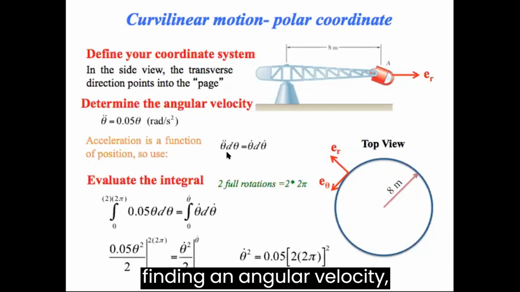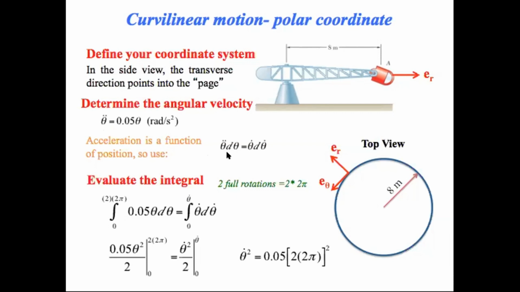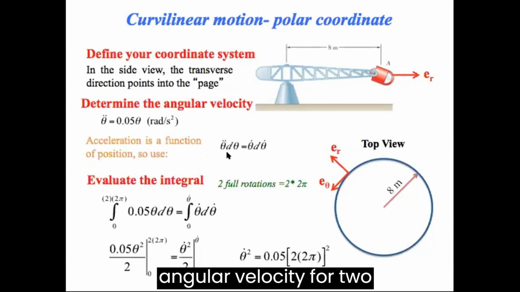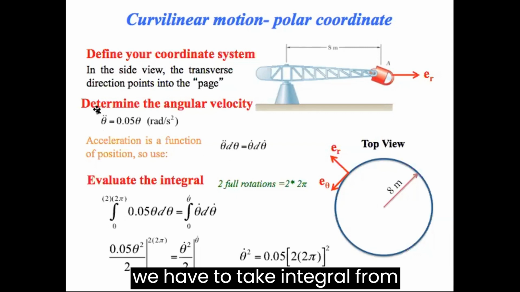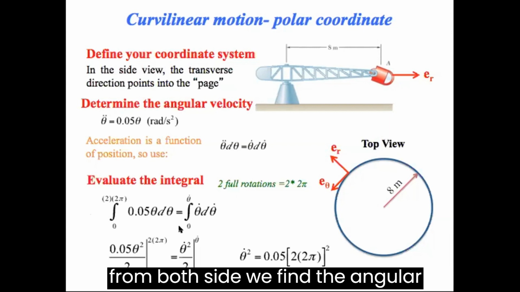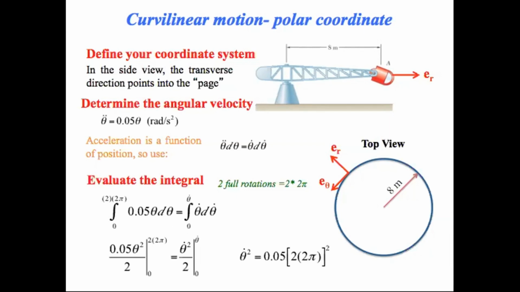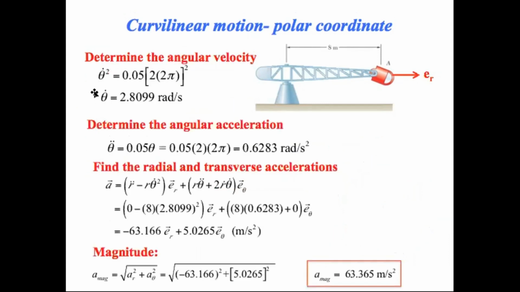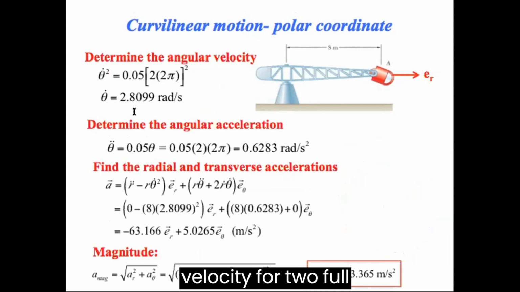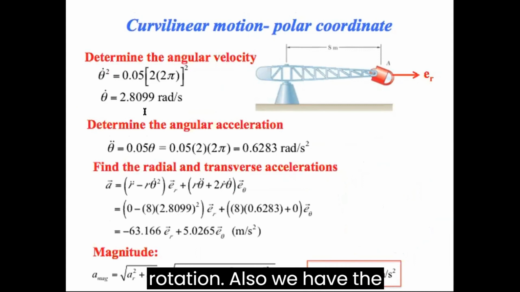For finding the angular velocity for two full rotations, we have to take the integral of this equation. When we integrate both sides, we find the angular velocity. This is the angular velocity for 2 full rotations.